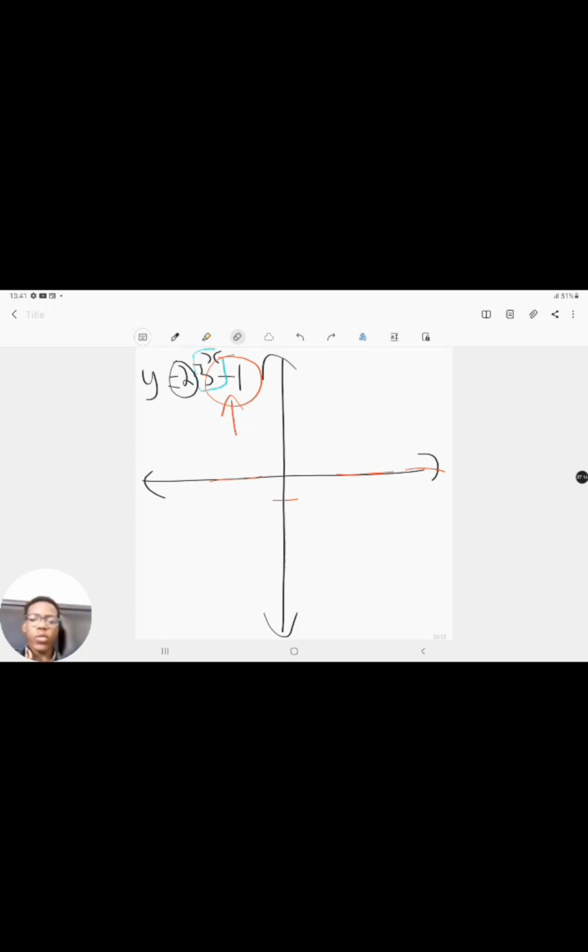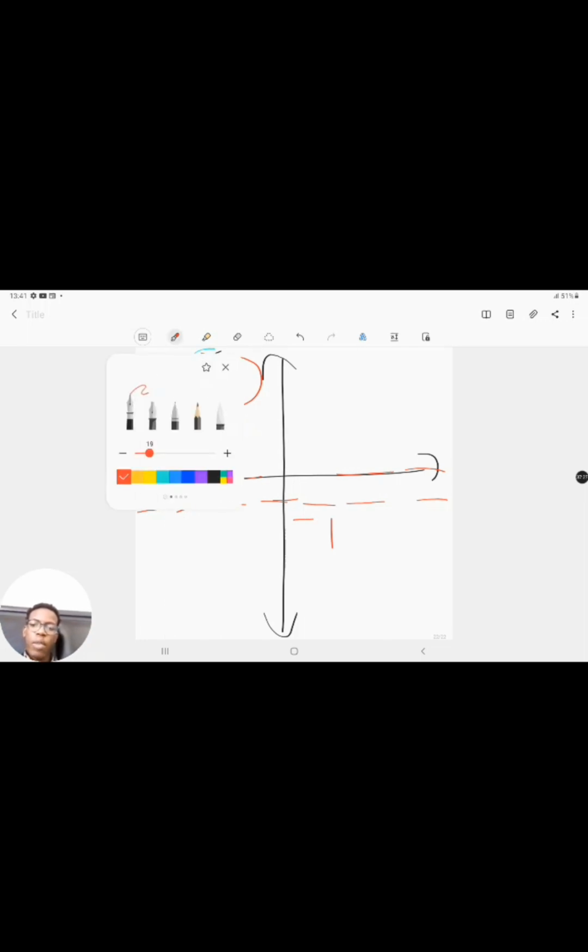Okay, let me just leave those weird portions. So your asymptote will be there at -1, and your graph, remember, will still pass through there.